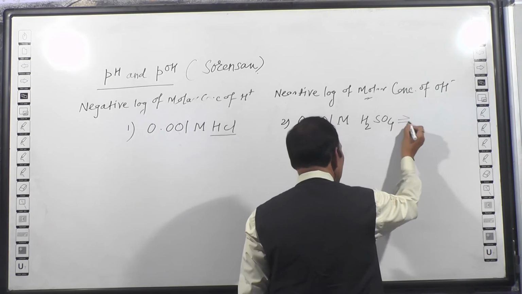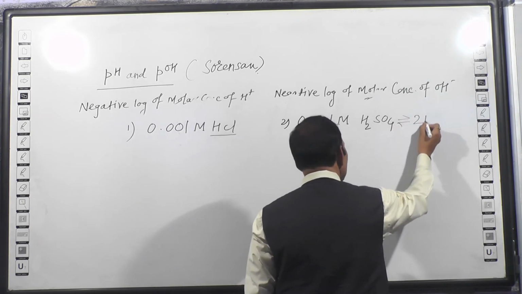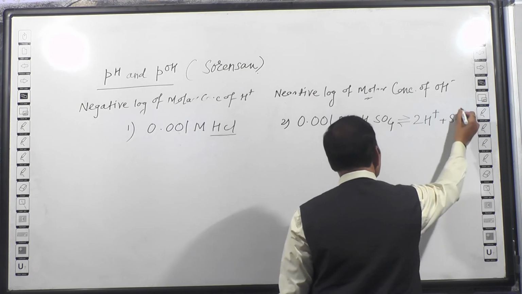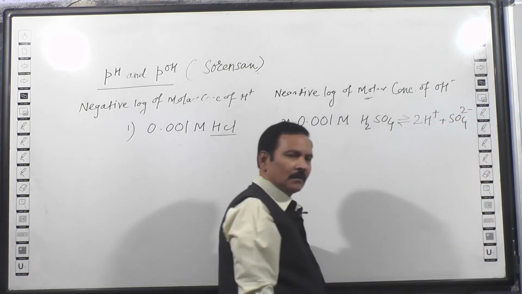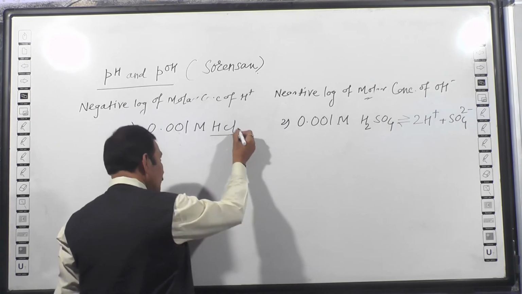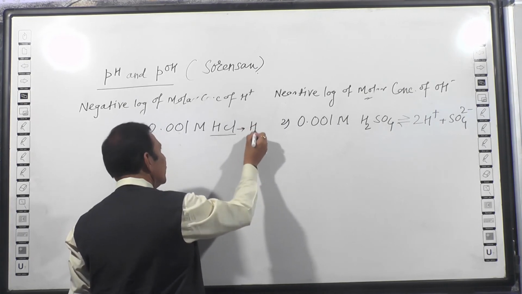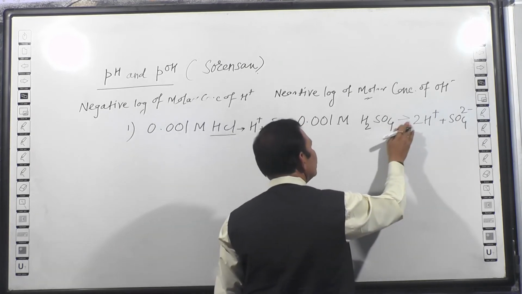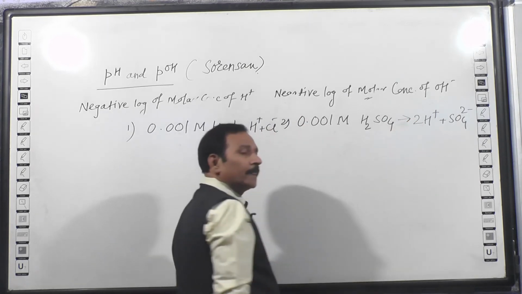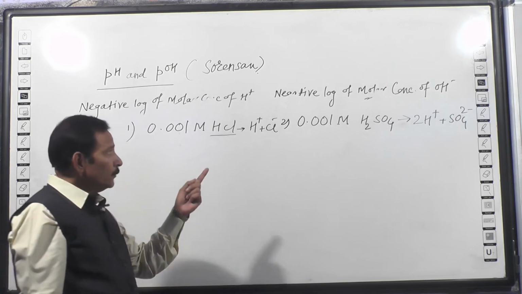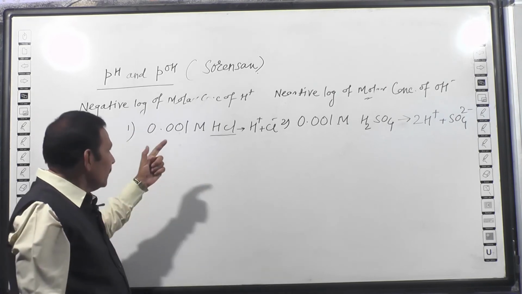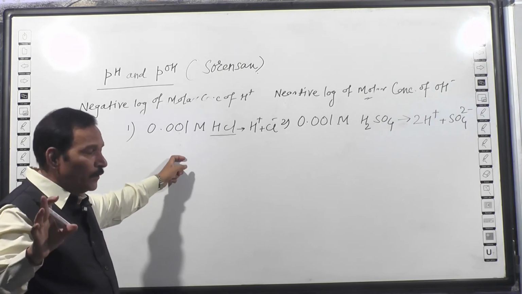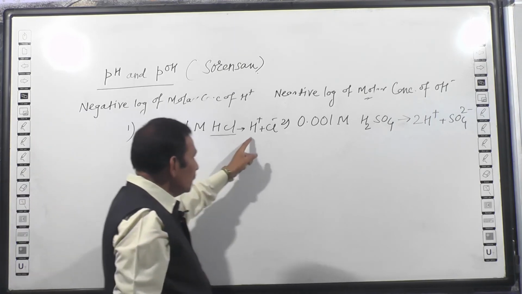If one molecule of H2SO4 dissociates, we are getting these things. If one molecule of HCl dissociates, we are getting these things. No need for a double arrow, a single arrow is used for a strong electrolyte. So from this you should understand why, earlier, when you saw the number of H plus and OH minus ions produced, it is also important. Here the number is different.